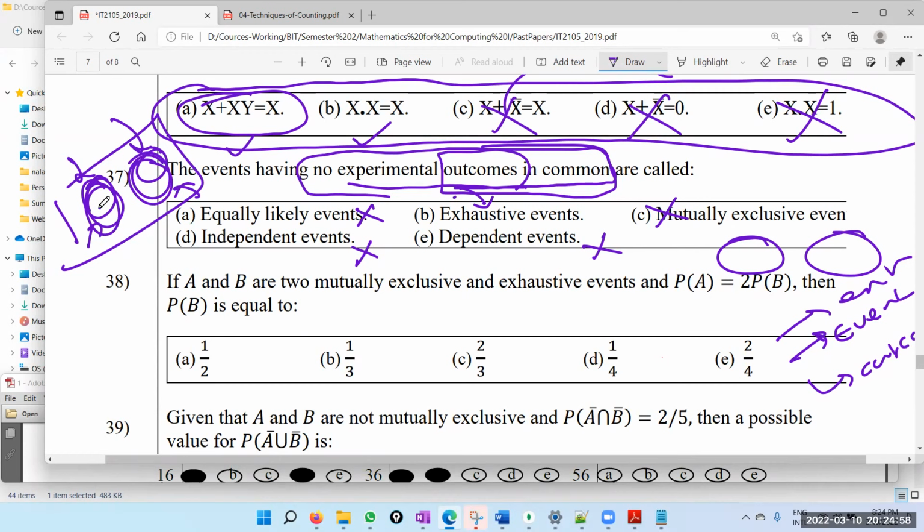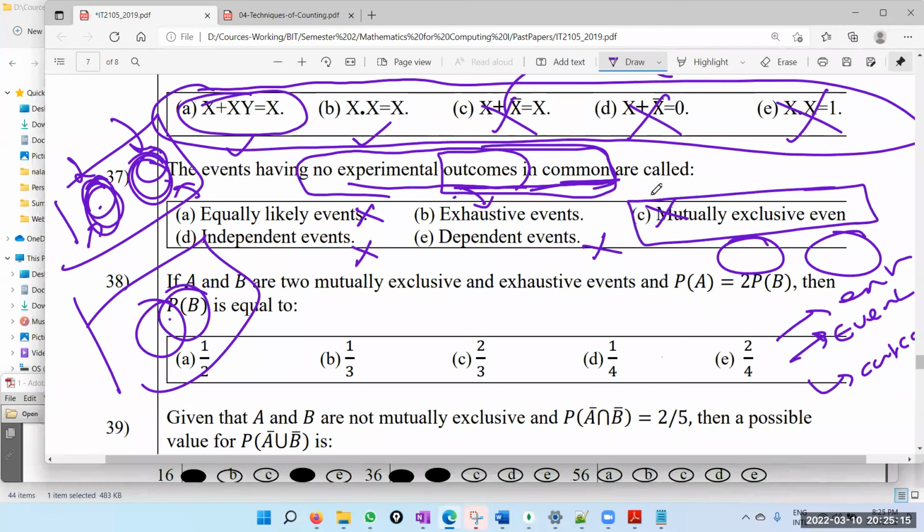Either it's odd or even. But if you take getting odd and getting prime, some outcomes will satisfy both. Yes, correct. So therefore, the events having no experimental outcomes in common are called mutually exclusive events. Yes, answer must be C. Your answer is correct. 37 answer must be C.